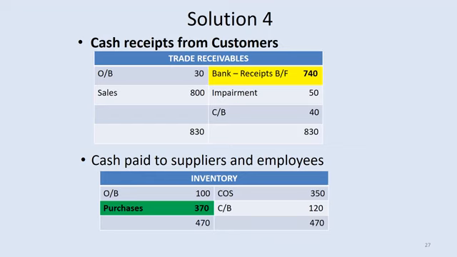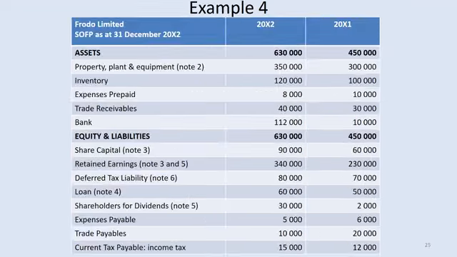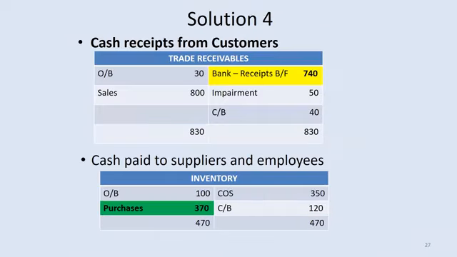Starting off, our very first step is to populate our inventory account with the opening and closing balance. So taken directly from our statement of financial position, 100 and 120,000, opening balance on the debit side, closing balance on the opposite side. We know that ultimately inventory is impacted by cost of sales.